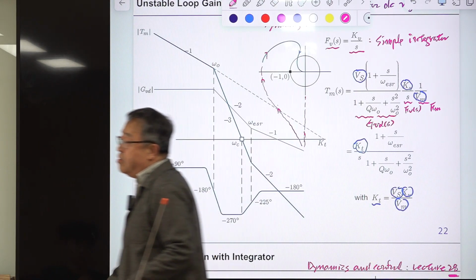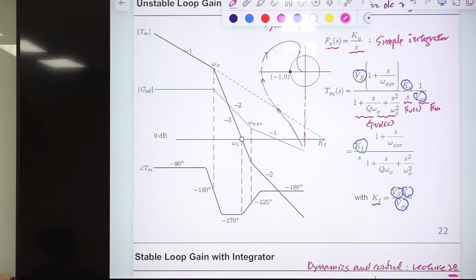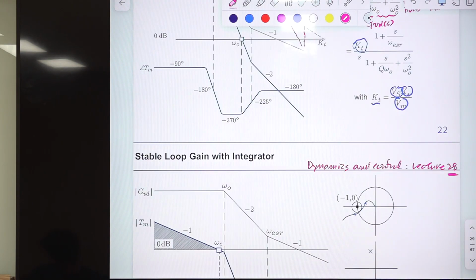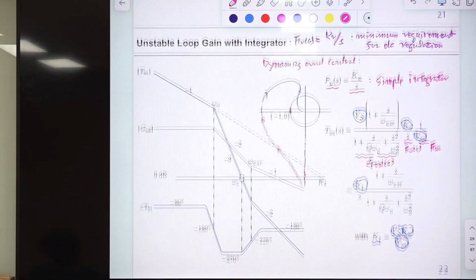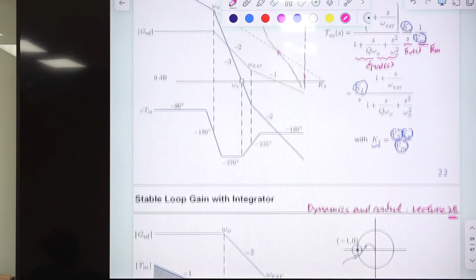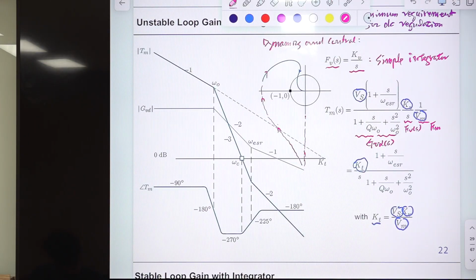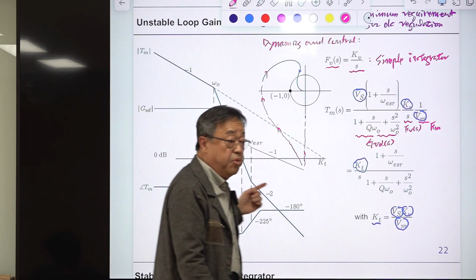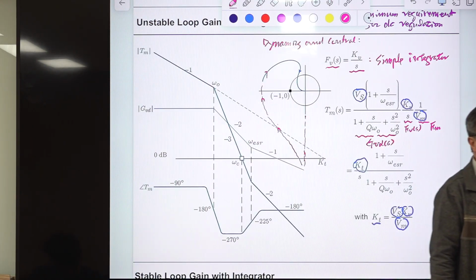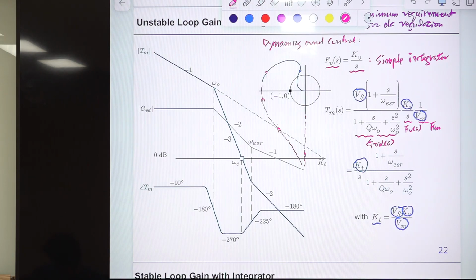Okay, so you may go back to some of the previous lecture. I'll mention that in the next slide. You understand this. This is a problem, okay? You cannot use integrator in this manner, but there is only one way of using integrator without meeting the instability.